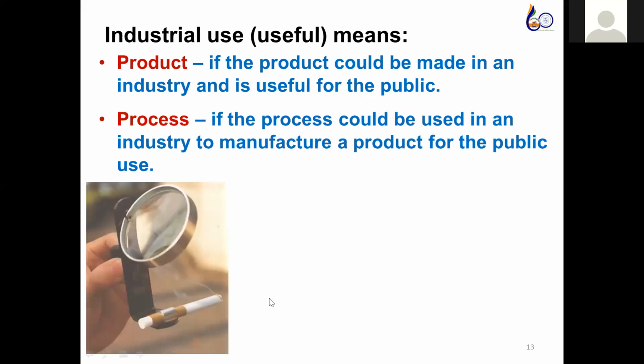For example, you see this one. This is a cigarette lighting system. Those who are smokers will be happy to see this one. Without a matchstick, you can light the cigarette. So a simple convex lens he has used at the focal point. You can have the tip here, and there is a very good holder attached to this one. And you put the cigarette.